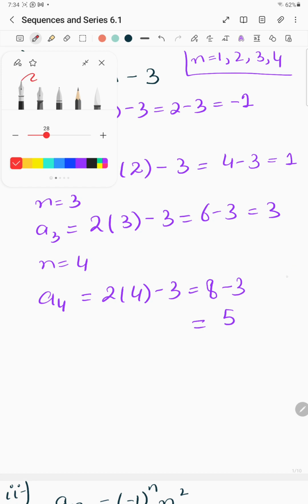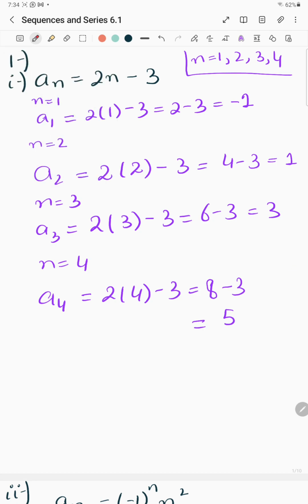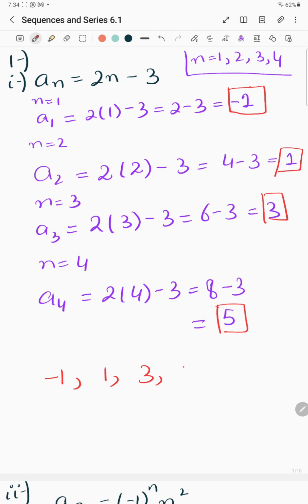So the sequence that we have generated is -1, 1, 3, 5. The first 4 terms of this sequence are this.